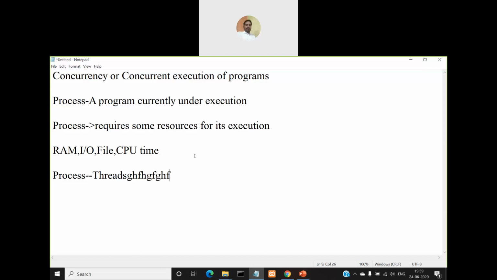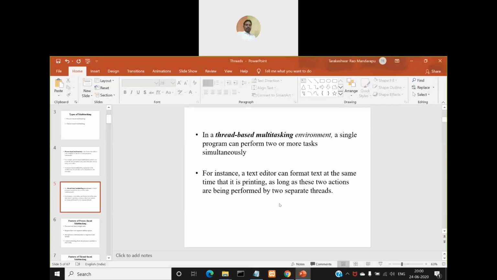These two tasks can be divided into two parts, and each part is called a separate thread. So there are two threads in this scenario. One thread receives and processes the input from the keyboard, and the second displays that processed input on the screen simultaneously. That is an example of multi-threaded, thread-based multitasking.